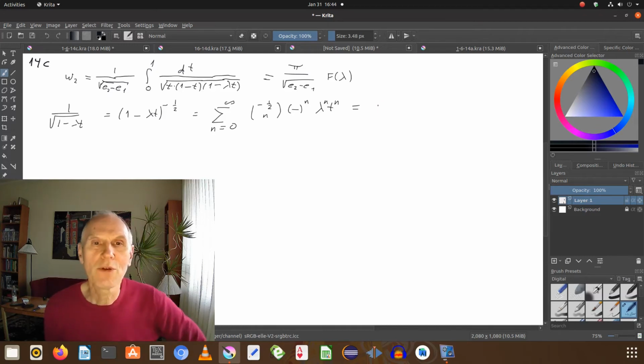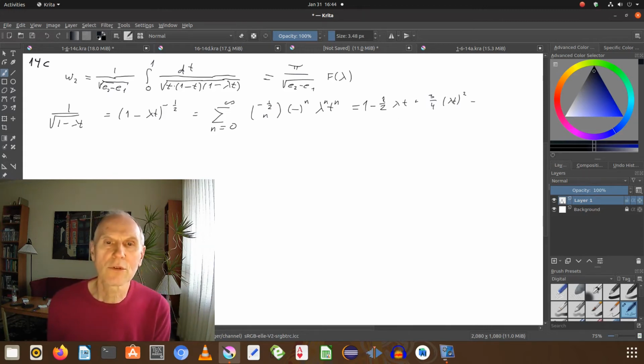I'd usually look up these things, so sitting like this and doing it. And it's minus 1/2, 1, that's n equals 0, minus a half nt plus 3/4 lambda t squared minus 5. Yeah, then comes it slightly difficult.